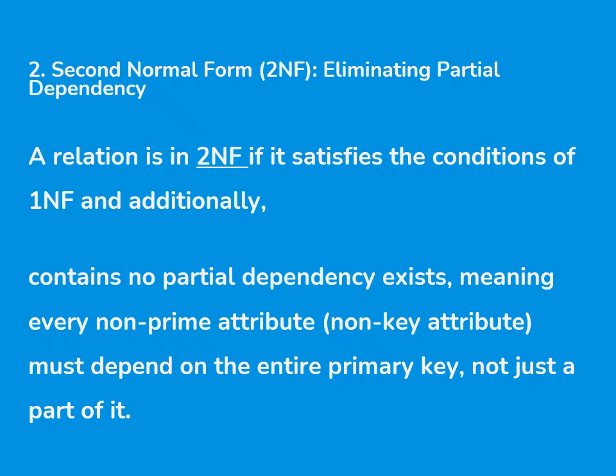The second normal form is about eliminating partial dependency. A relation is in the second normal form if it satisfies the conditions of the first normal form and additionally contains no partial dependencies, meaning that every non-prime attribute must depend on the entire primary key, not just a part of it.